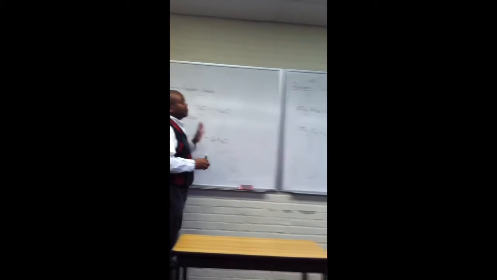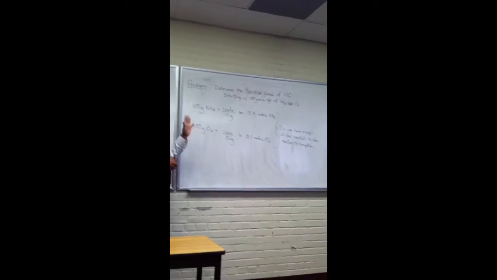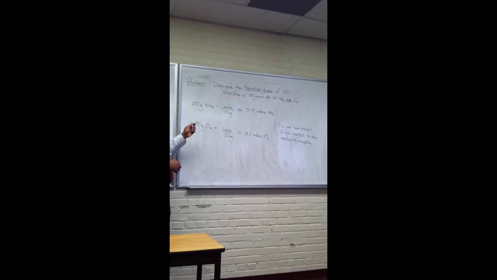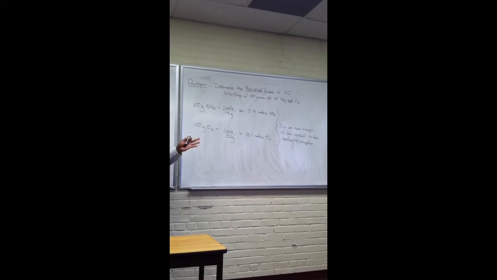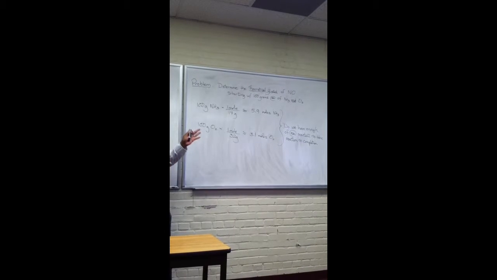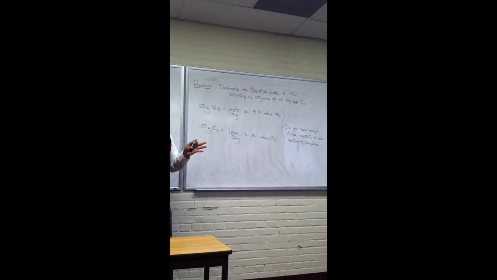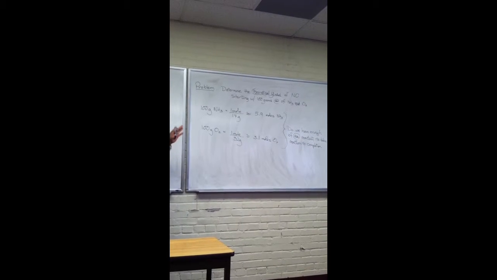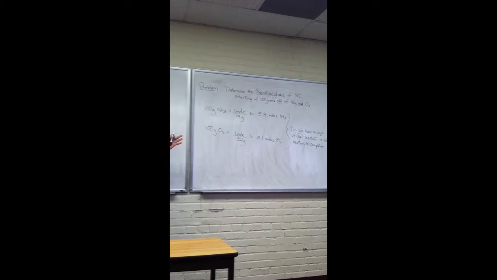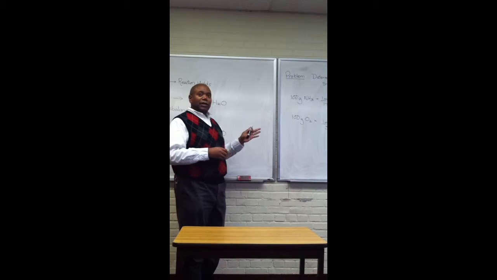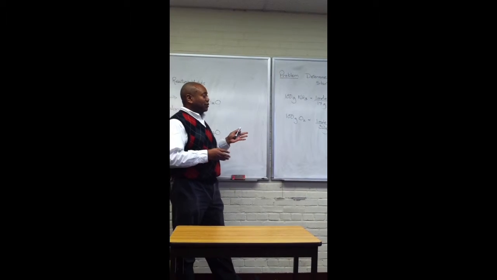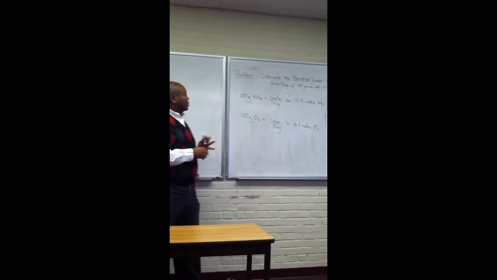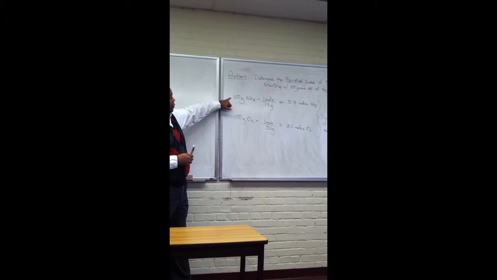For our problem today, we're going to try to determine the theoretical yield of nitric oxide if we start with 100 grams each of ammonia and oxygen. Now, the first thing that we need to do for any type of stoichiometric problem is convert the gram amounts into their corresponding amounts of moles. So, I have 100 grams of ammonia.